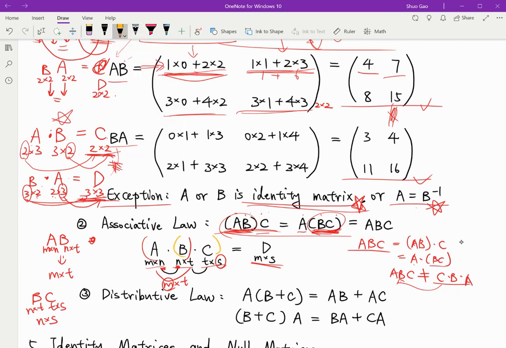Then we multiply A in front of that, so that's m by n times n by s. So again, D should be m by s. So whether you combine A and B first or B and C first, the resulting matrix has the same dimension. Okay, so this is called the associative law.